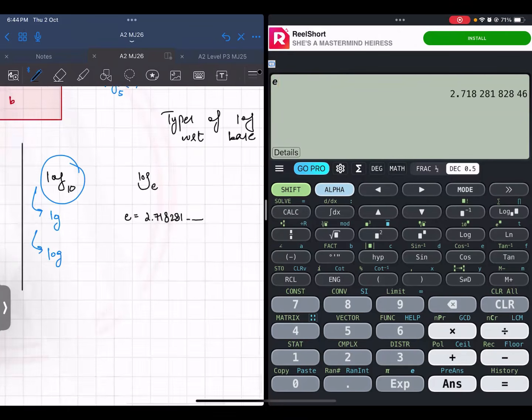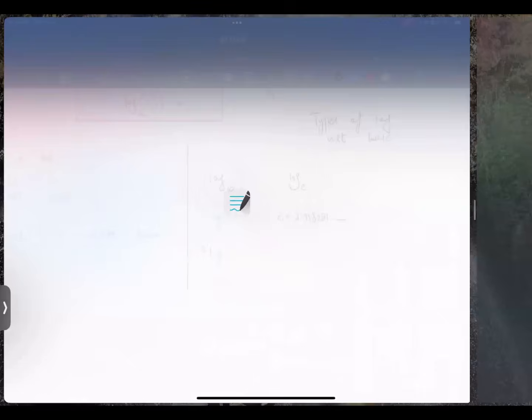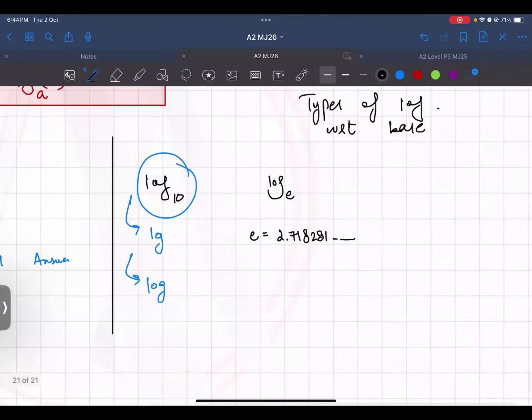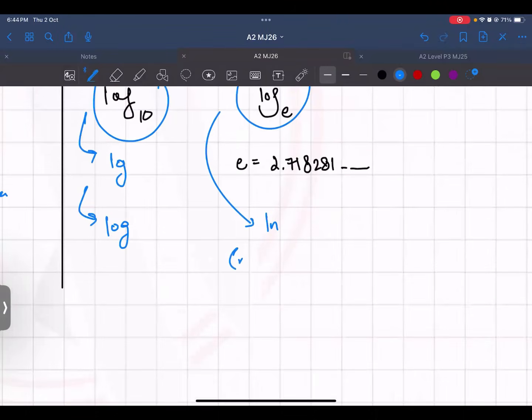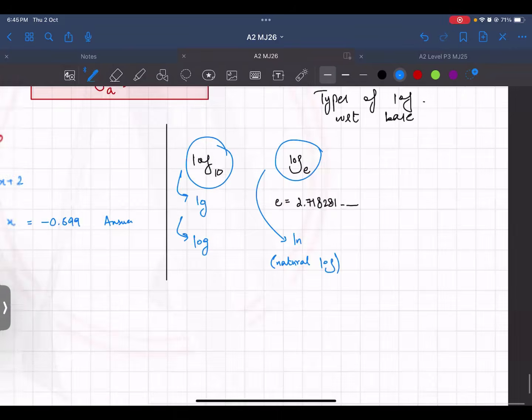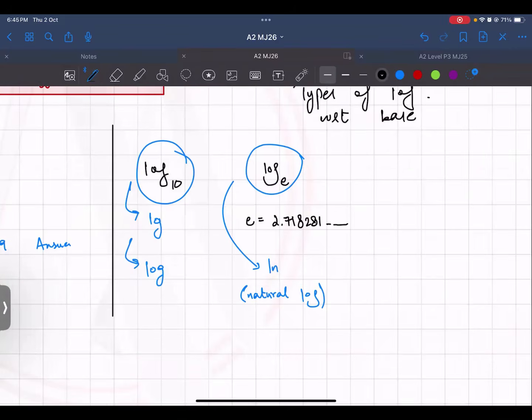And if the base is E, then you write it in short form as ln. Ln is also called a natural log. So don't be startled if you see ln. This is natural log.